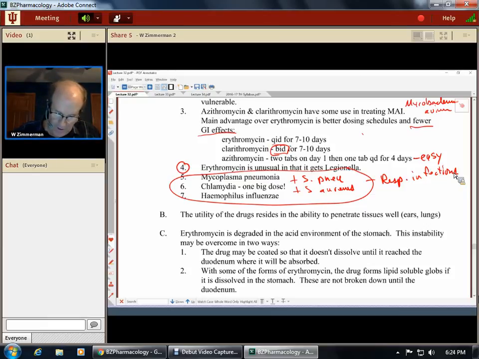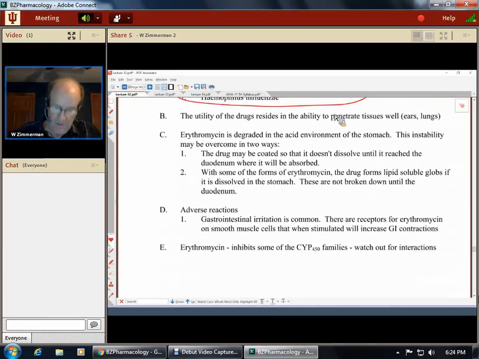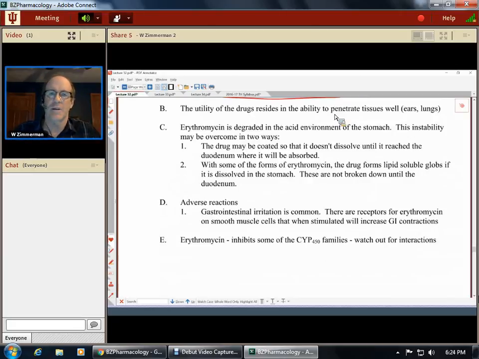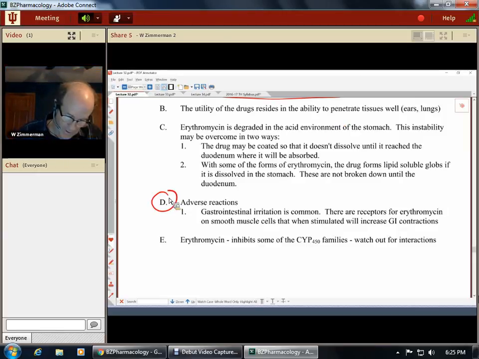They penetrate well. A couple of notes here on erythromycin. Degraded in the acid environment of the stomach, so what? The drug can be coated. That's not so important. Actually, I don't care about those 2 points. What I really care about is this one. Adverse reactions.